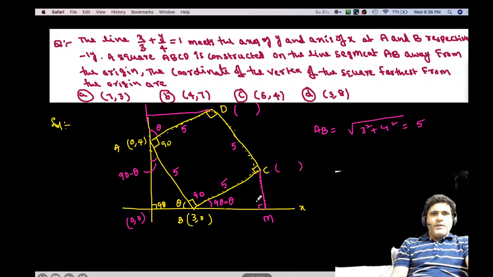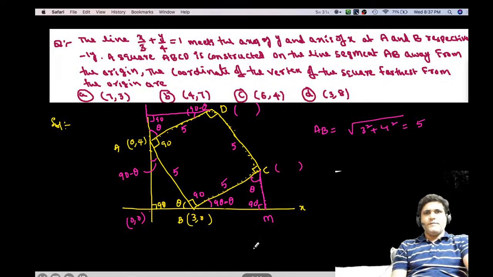So this is 90 minus theta, we drop the perpendicular, this is 90. Here also this is theta, this is 90, this is 90, this is 90 minus theta.